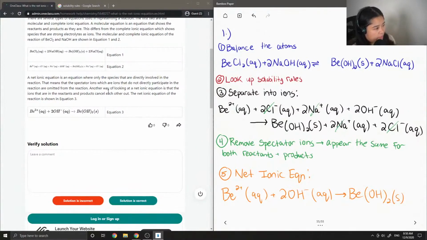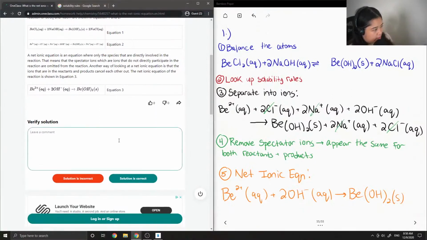Another way of looking at a net ionic equation is that the ions that are in the reactants and products cancel each other out. The net ionic equation of the reaction is shown in equation 3. Okay, so they have beryllium 2 plus 2 OH minus, making the beryllium hydroxide. Yep, so this solution is correct.